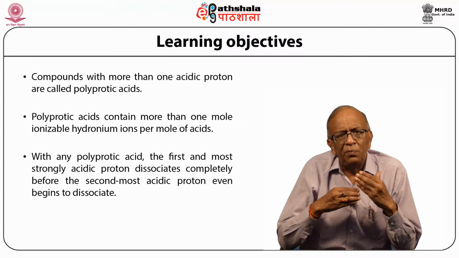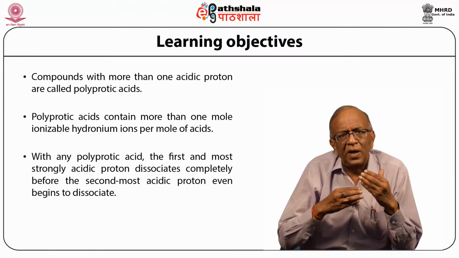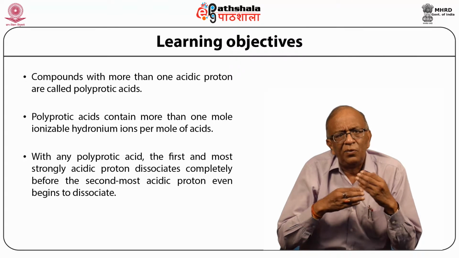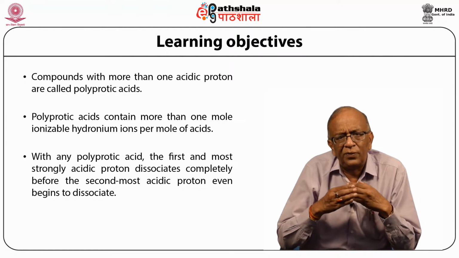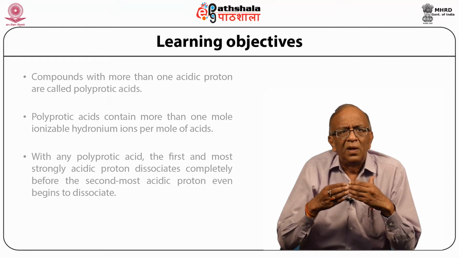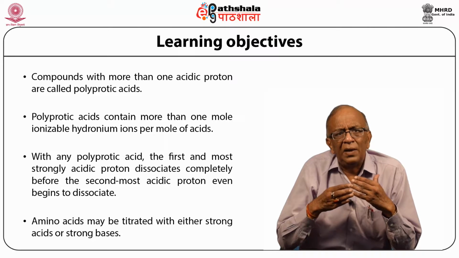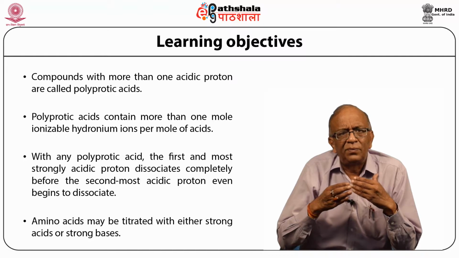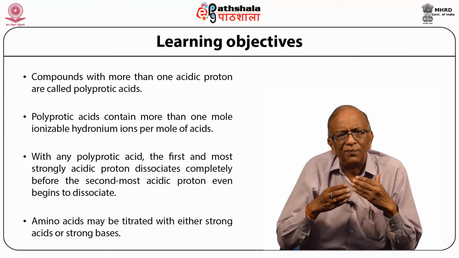With any polyprotic acid, the first and most strongly acidic proton dissociates completely before the second most acidic proton even begins to dissociate. Amino acids may also be titrated with either strong acids or strong bases.